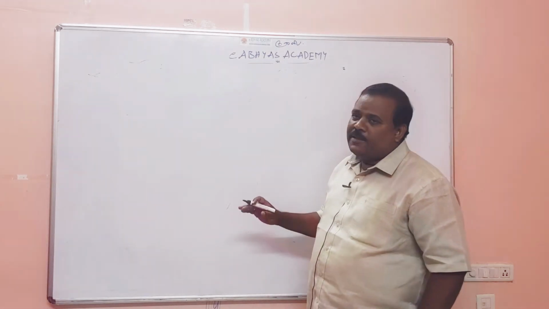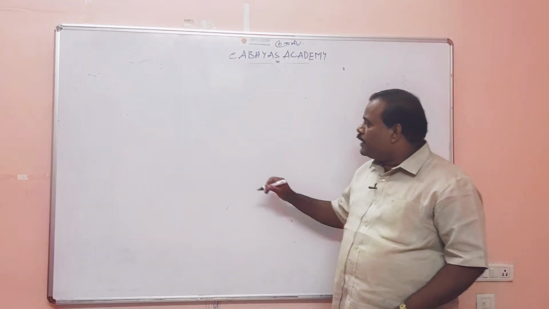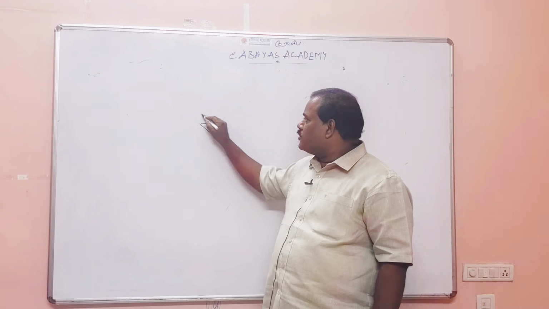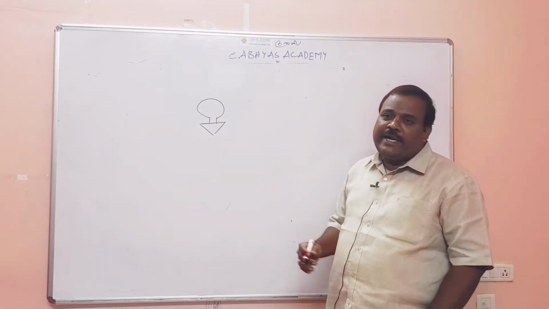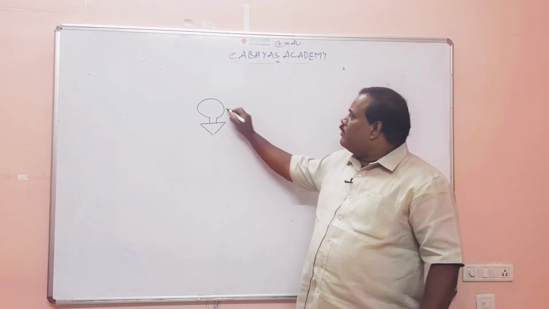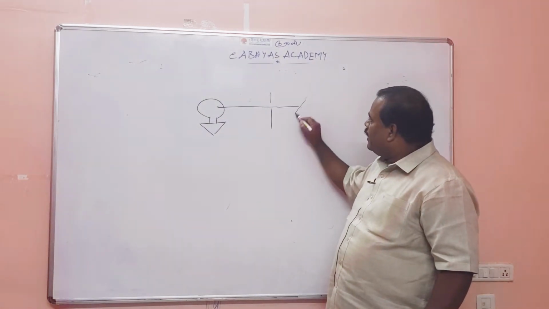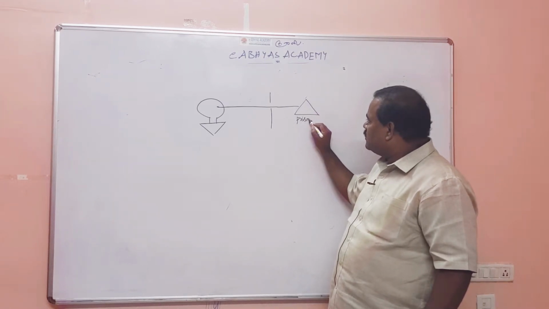When we consider spectra, for example, light coming from the source, let us imagine this is a light source. It may be an electrical bulb or a burning candle. But the light is passed through a slit and allowed to fall on a prism made up of glass.